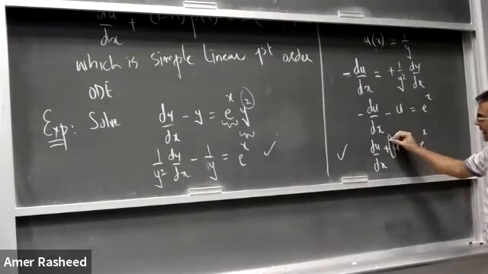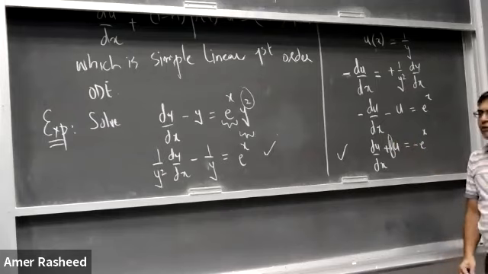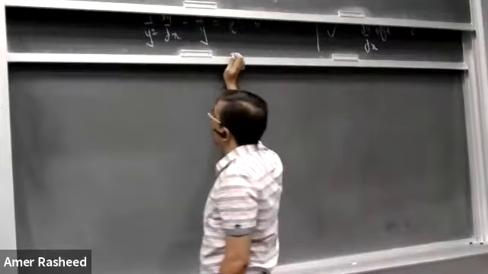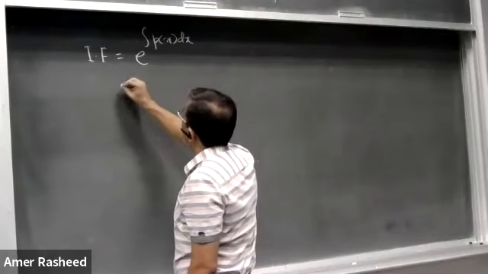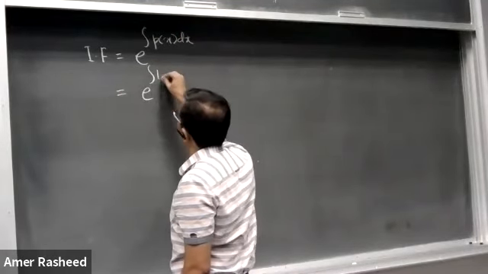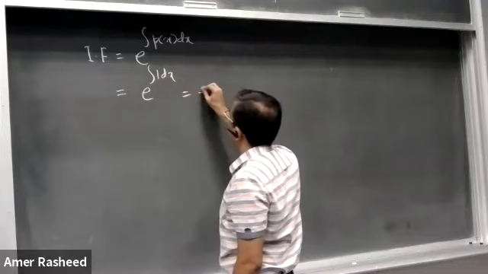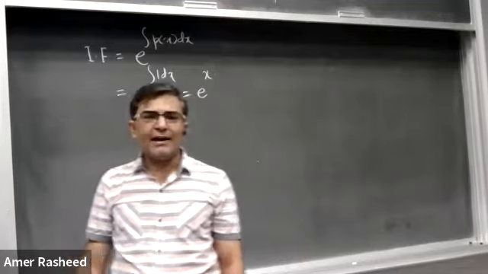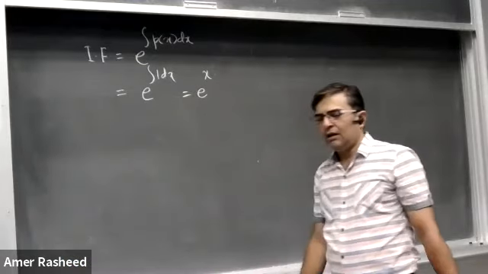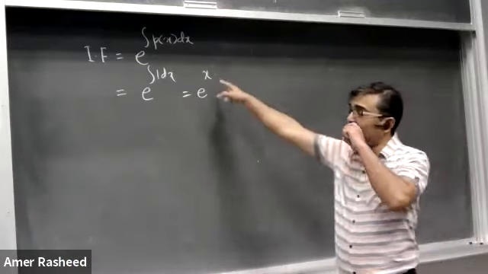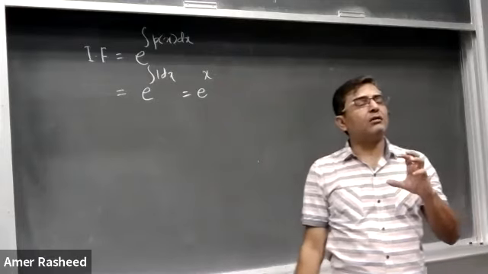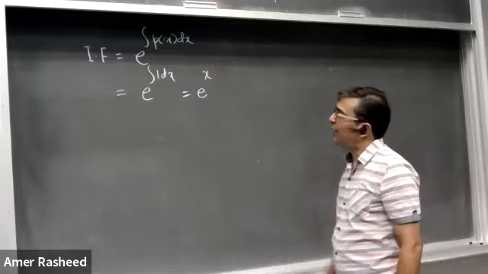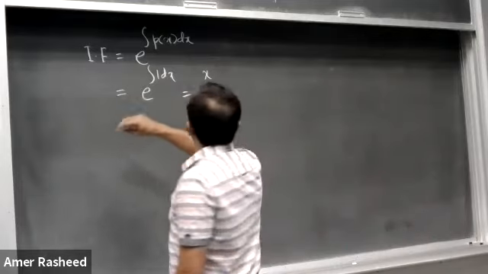It is what here? It is 1. So p of x is 1 here. So the integrating factor is e raised power integral of 1 dx, which is e raised power x. But we don't add an integration constant here. I told you in the previous lecture why we don't add a constant here.